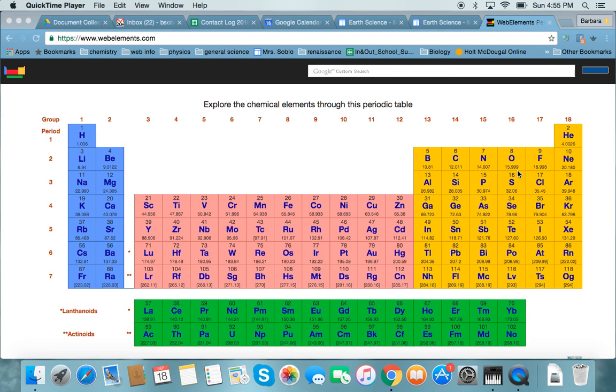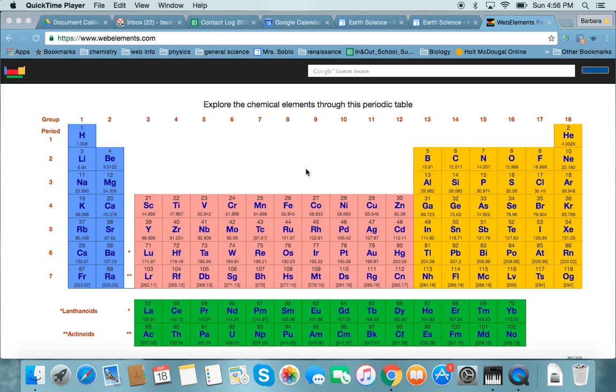So, for example, here for oxygen, the mass number is 15.999. We're going to round that to a 16 because I either have a whole neutron or I don't have a neutron. So if I have 16 is the number of protons plus neutrons, and 8 is the number only of protons, when I subtract these two, I know that oxygen has 8 neutrons.